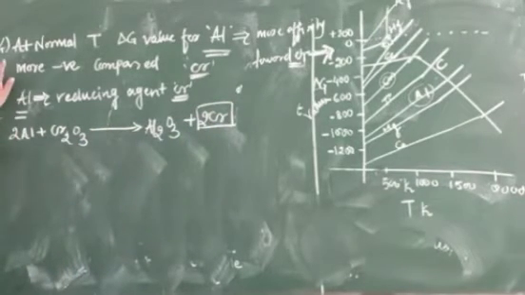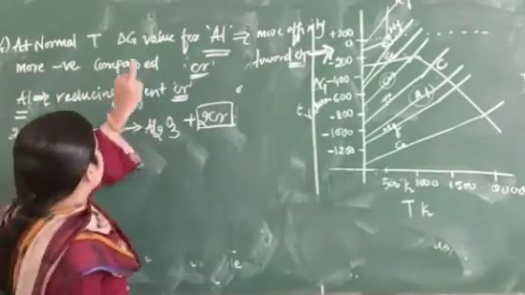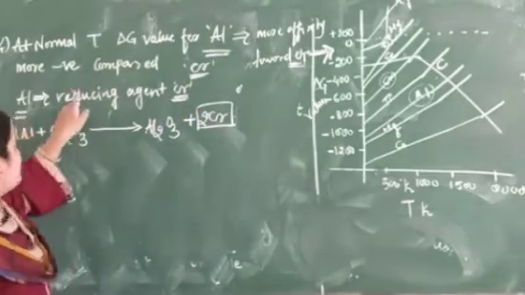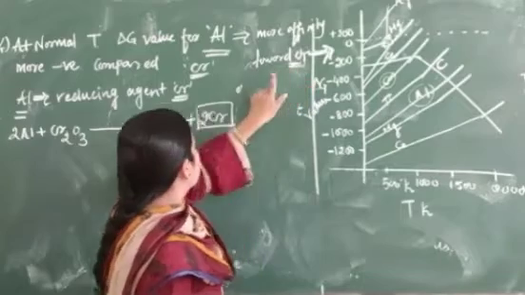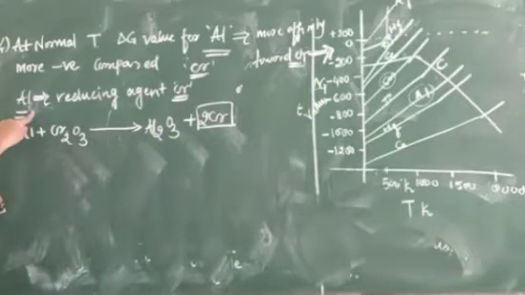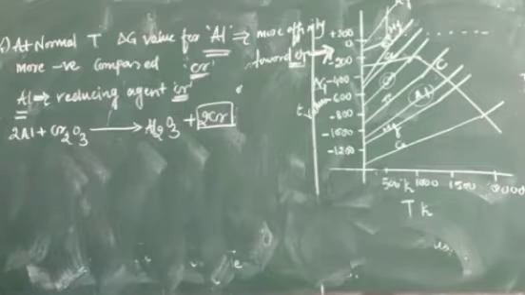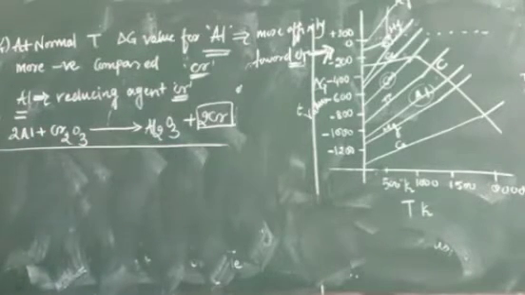Okay, what I have told, fourth one, at a normal temperature, delta G value for aluminium is more negative as compared to chromium. Why? Aluminium has more affinity towards oxygen. So aluminium can be used as a reducing agent for chromium, and this is the reaction where the delta G value becomes more and more negative. This is the fourth one.